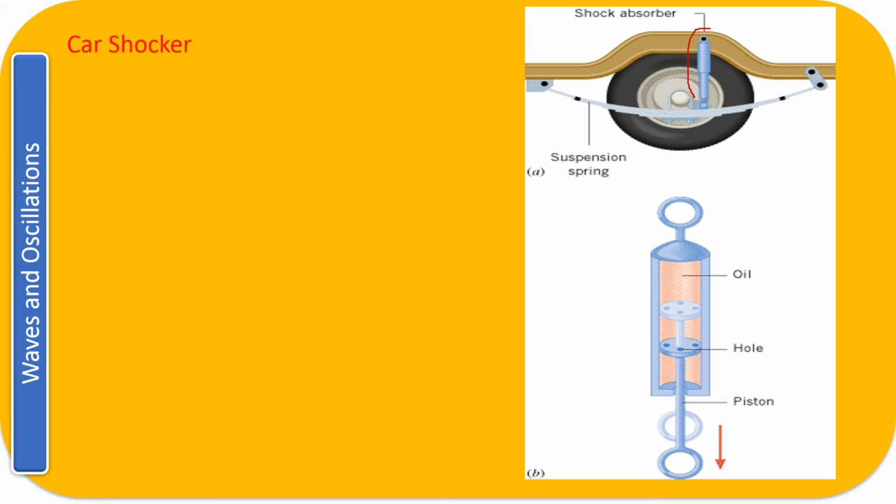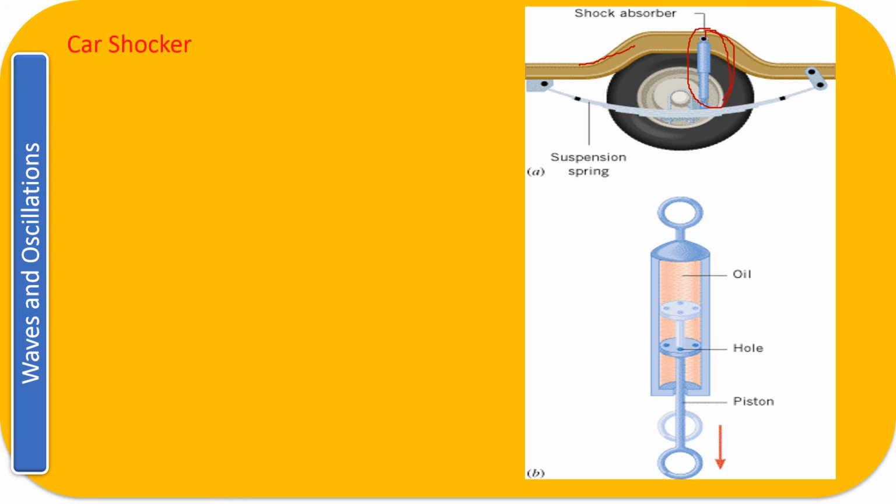This type of shock absorber is there. What is the function of this shock absorber? So this is your body suspension. On this body suspension, or your car frame, you can say, this is your suspension spring, and between the suspension spring and the car, a shock absorber is attached.